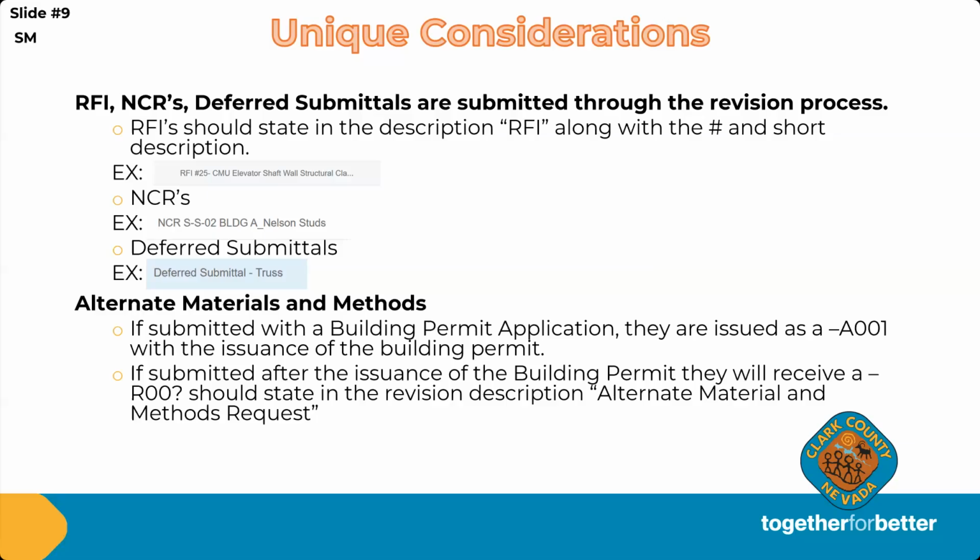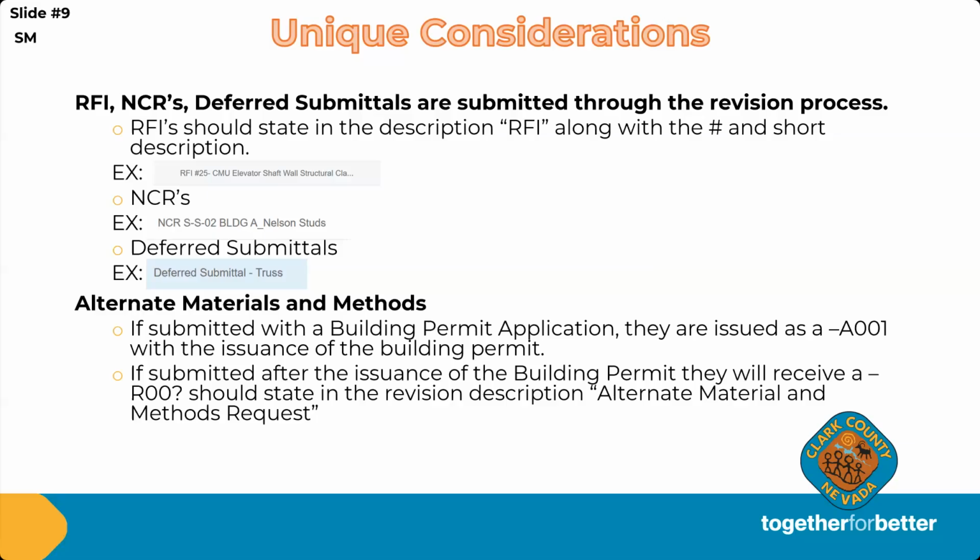Same thing with an NCR. Usually with an NCR, there isn't a number, but it looks like in this little example here, the customer probably listed the sheet that they were supplying, a structural sheet there for their Nelson studs. And then deferred submittal, indicate in the description that it's a deferred submittal, and whether it's truss or stairs or whatever that deferred item is.